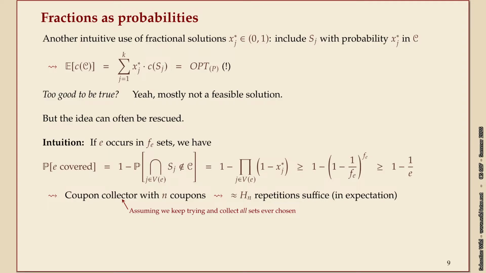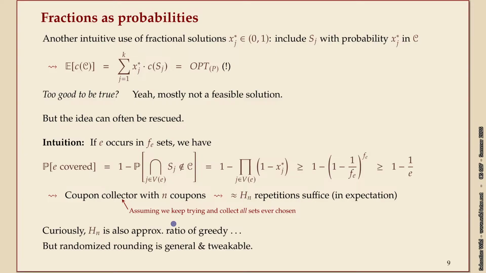And so if you repeatedly draw such set cover candidates, this question turns into a kind of coupon collector scenario. The assumption is that you keep all the sets that you've ever chosen and just keep adding to your candidate set. Then if you do that for roughly log n repetitions, you should cover all the elements. Then you've collected all your coupons.